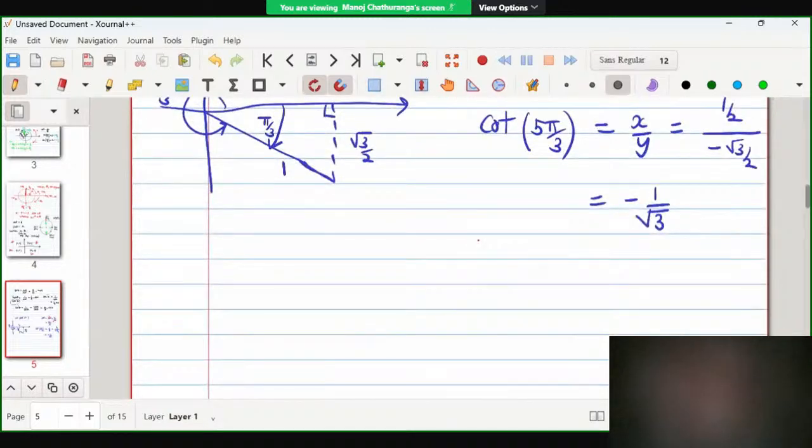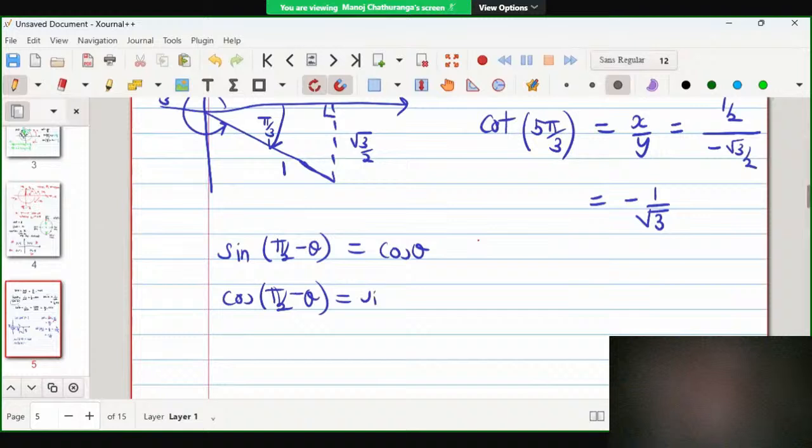Now, even at this point, these complementary relations like sine pi by 2 minus theta equals cosine theta, cosine pi by 2 minus theta equals sine theta, all these things are still valid, even in this range.